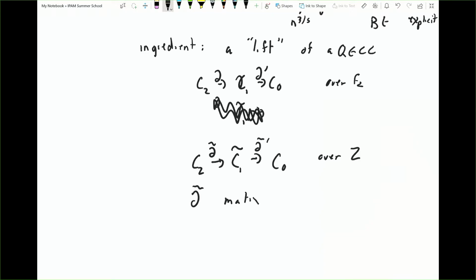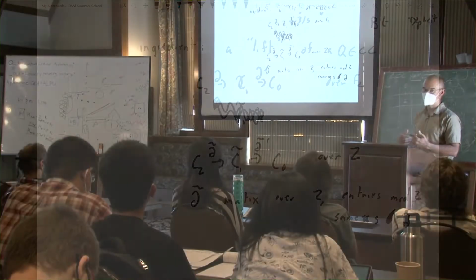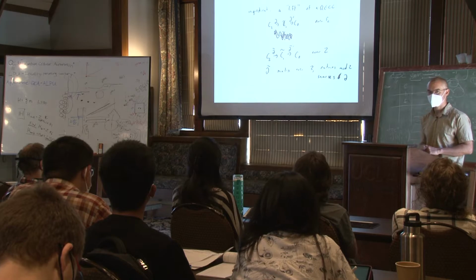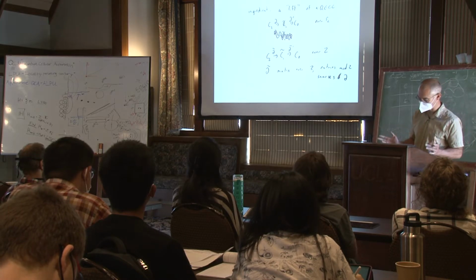And if you take the entries of grad tilde mod 2, it should be the same as grad. And similarly, if you take the entries of grad prime tilde mod 2, it should be the same as grad prime. So this is just a lift. You take each 0 and it gets an even number, and each 1 becomes an odd number. Lifts always exist. That's not hard to show.